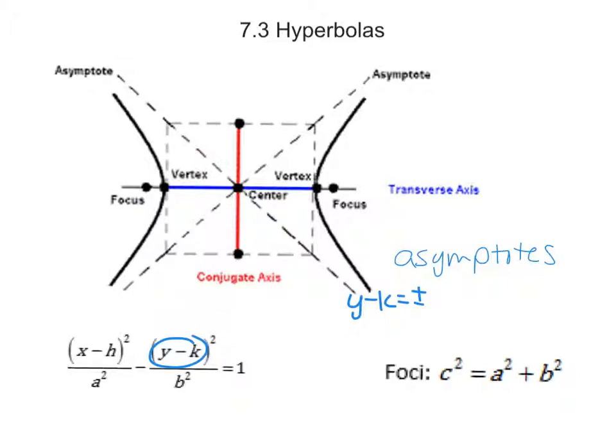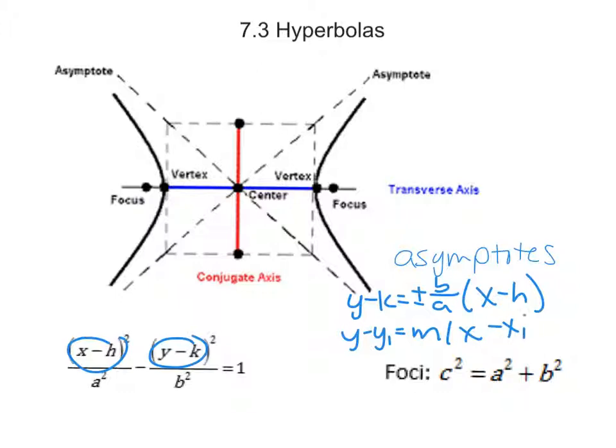You need to do your slope then, so you need to do rise over run. So you're going to go up B over A. So in this case, it's B over A times the x part. This should look reminiscent of your point slope form, and you'll use that a lot in calculus.